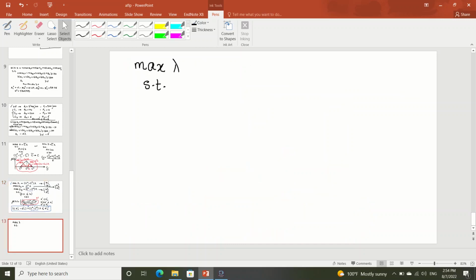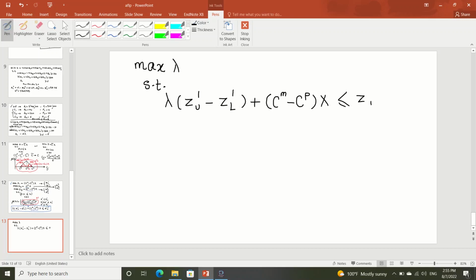Okay, lambda multiplied by z upper 1 minus z lower 1 plus C moderate minus C pessimist x is less than z upper 1.